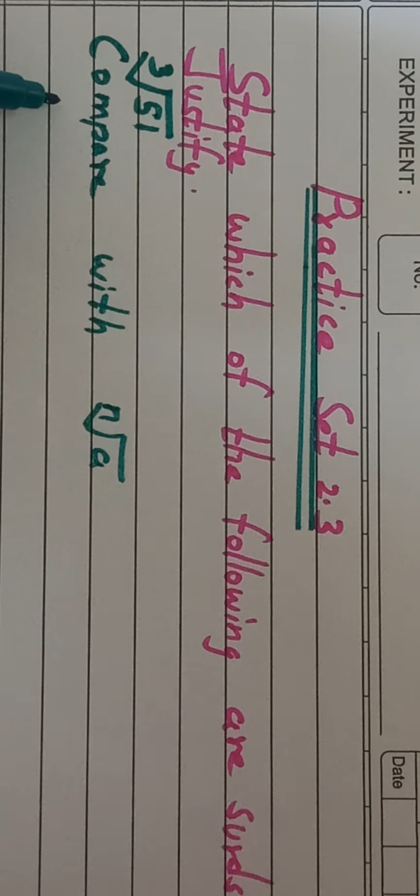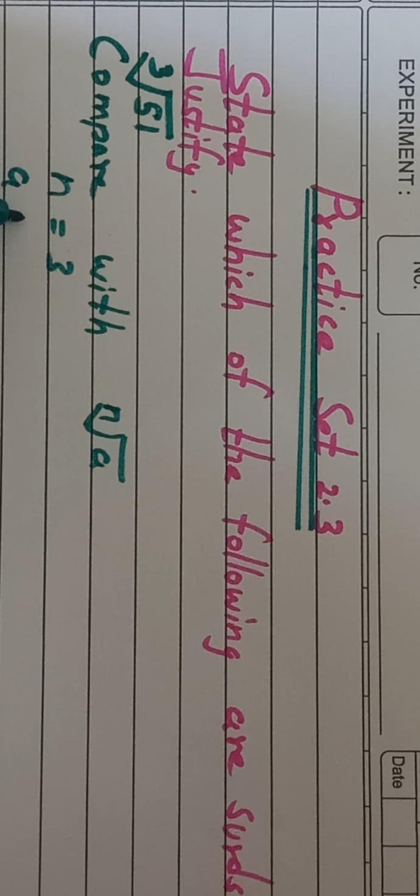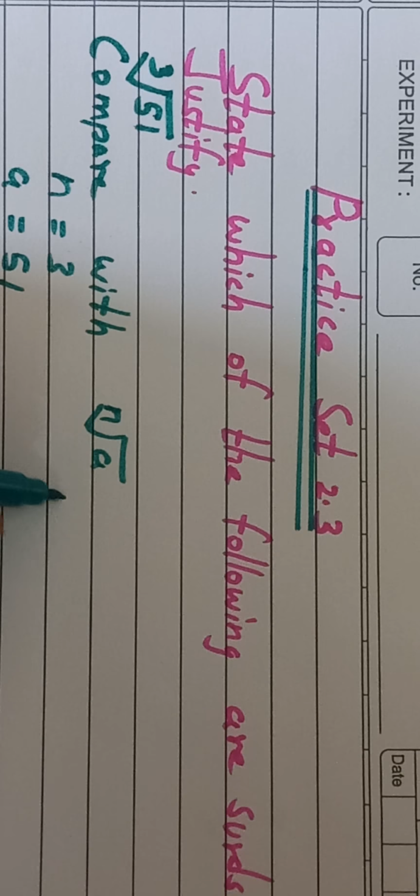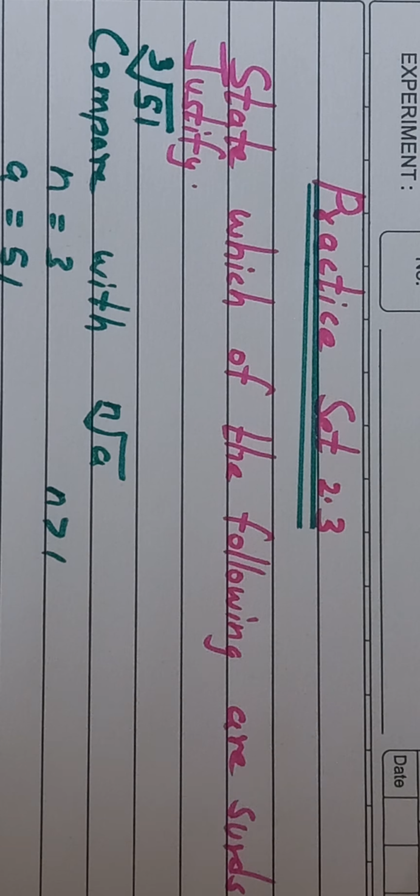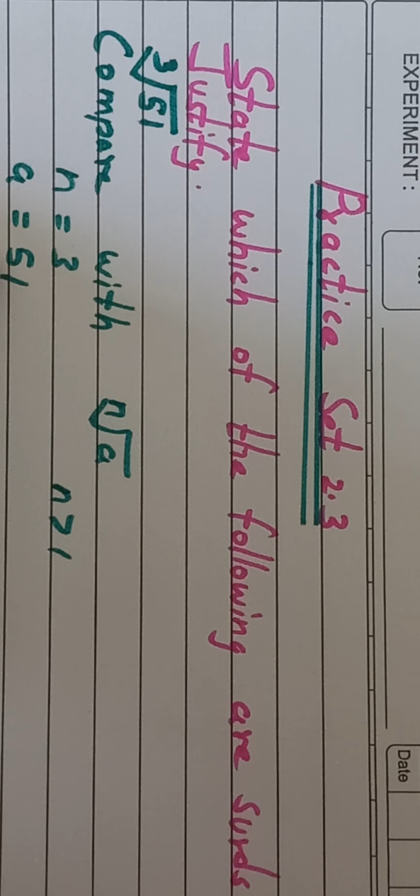If you compare, n will be equal to 3, correct? And a is equal to 51. n is 3, which means it is greater than 1. And a, the radicand, is also a positive rational number. So 51 is a positive rational number.